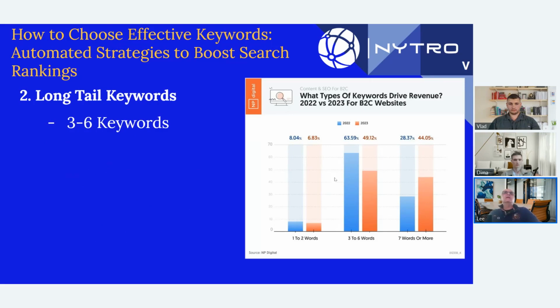This is an analysis that was done recently by Neil Patel, digital marketing agency. It's quite extensive, and they found higher conversion rates, higher lead generation, in general, better performance with keywords that are between 3 to 6 and also 7 for higher revenue generating.